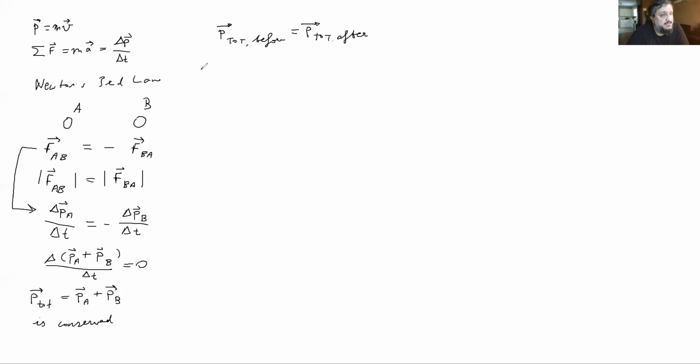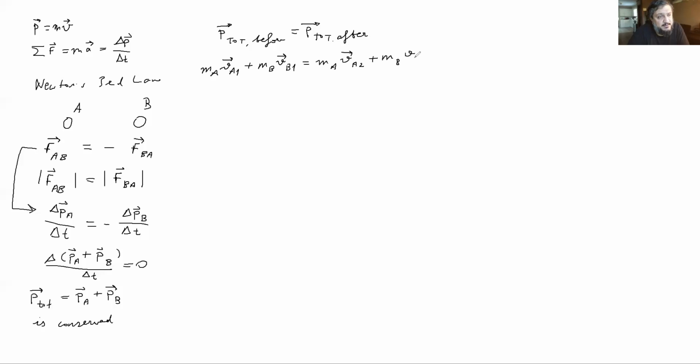This will mean mA, the mass of the first object, times its velocity before, one means before, right? Plus the second object, its mass, times its velocity before the collision. Okay, this is the total momentum before, will be equal to the total momentum after the collision or interaction.